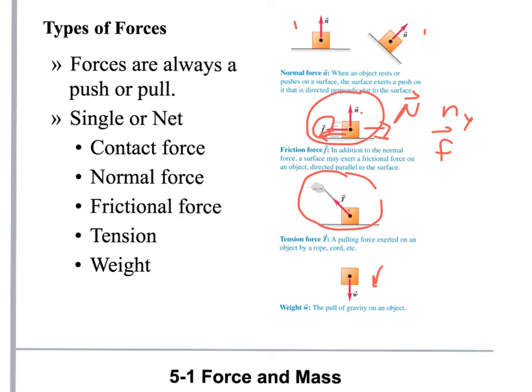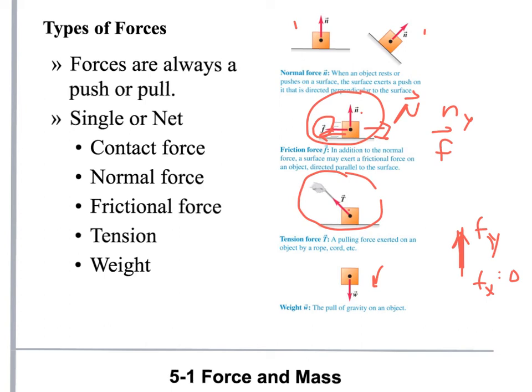I said it never has a y component, but actually if you reverse something, say you had a wall and you're pushing something up the wall, in that case friction would be in the y direction, and friction in the x direction would be 0. So the key that you want to remember here is that friction is a one-dimensional force. It only acts in one dimension.